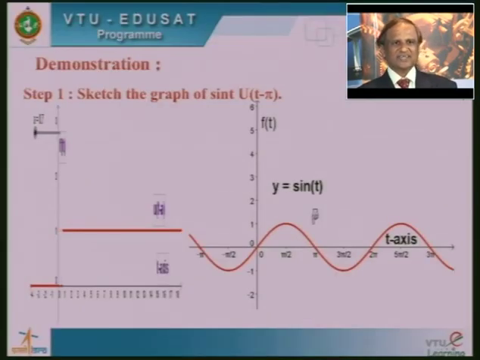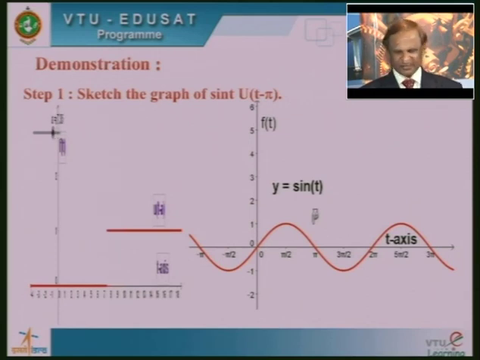In exactly a similar way, sometimes they may ask us to draw the graph of sin t into u of t minus pi. So again you can draw the displaced function u of t minus pi, and I have also drawn the sin t curve. Now I want to multiply these two curves.